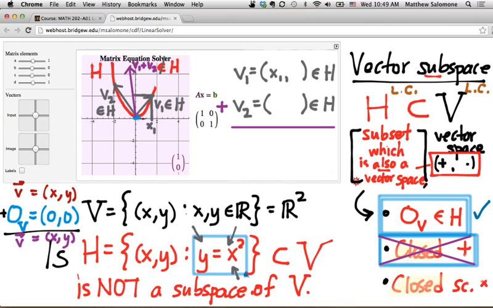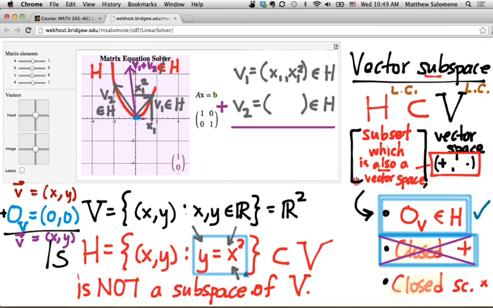Belonging to H means that the y-coordinate is the square of your x-coordinate. So an arbitrarily chosen point in H we could write as (x1, x1 squared). And that would be the coordinates of this arbitrary vector, v1.